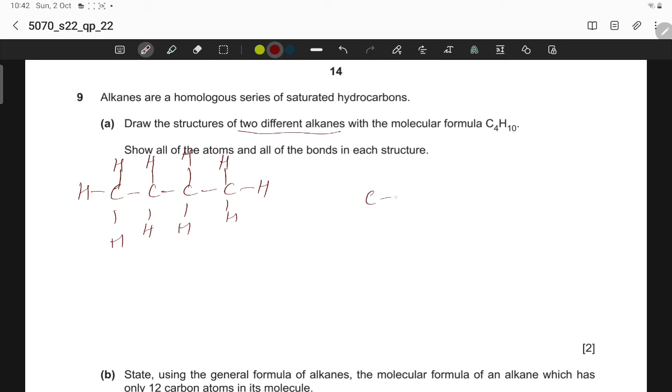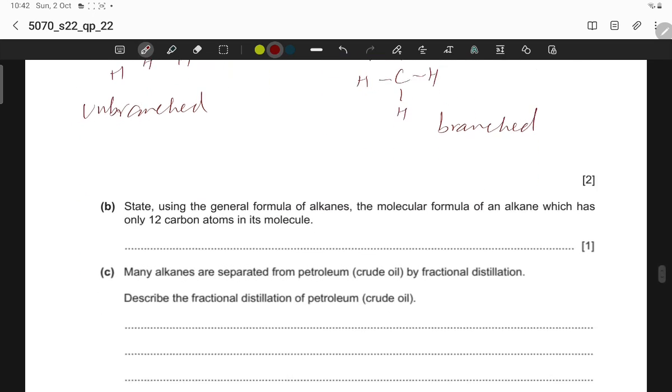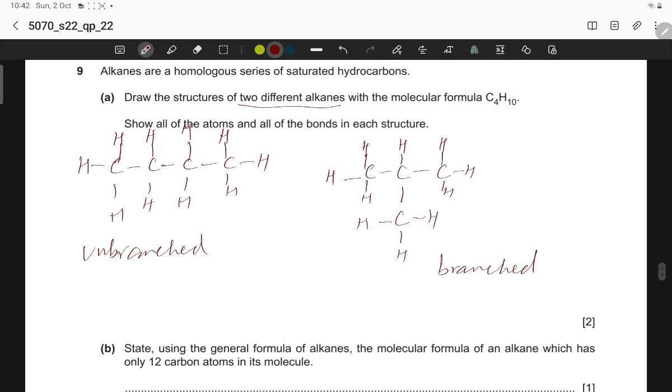The isomer is this, and this is another structure. This is unbranched and this is branched. These are the two structures of alkanes. So you just draw the structure. I have written unbranched and branched isomer for your understanding. So just draw the two structures.